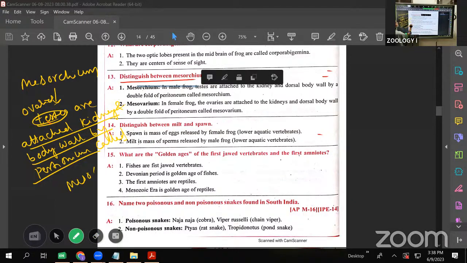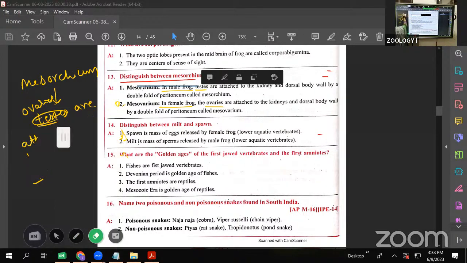Just change male frog to female frog, and instead of ovaries write testes. Like that only. This is the difference. Remaining all are the same. This is the distinction between the mesorchium and the mesoovarium.